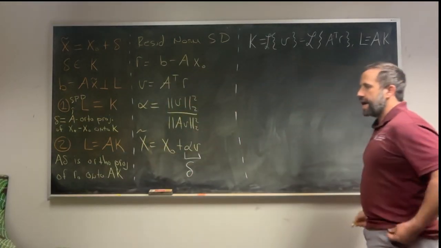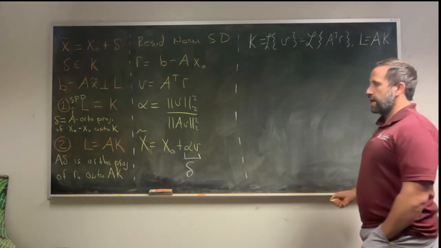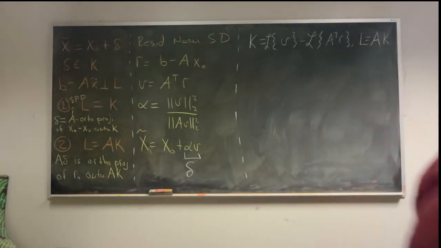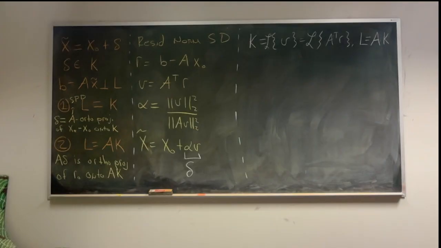So once again, we know that A delta is the orthogonal projection of R naught onto AK.